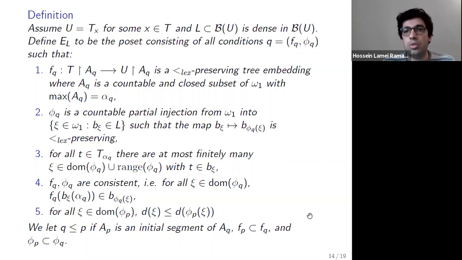It has also some correspondence between the branches by phi_q. So the first condition is going to explain the requirement for F_q, and the second condition is going to explain the requirement for the correspondence between the branches. And of course, this F_q and phi_q have to be consistent with each other. This is explained in condition 4.